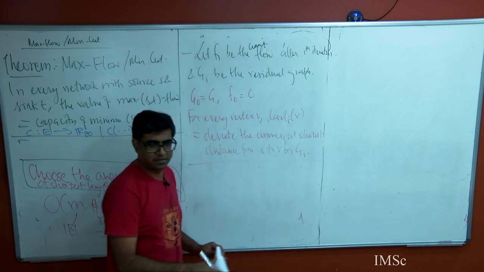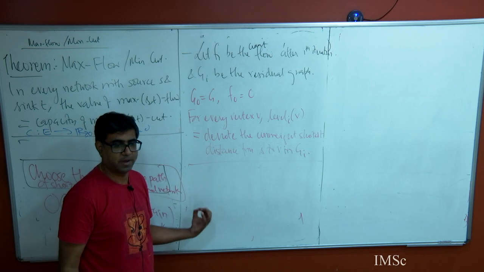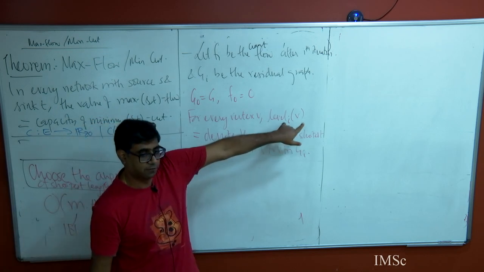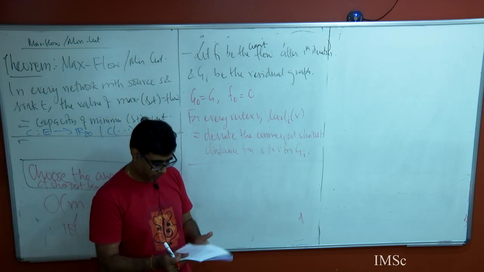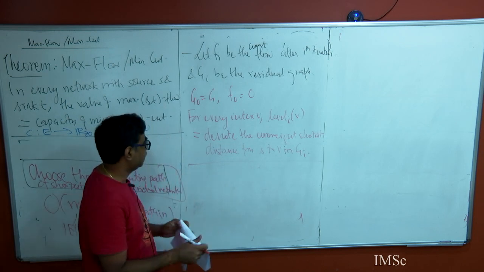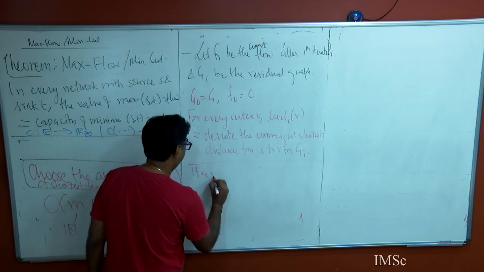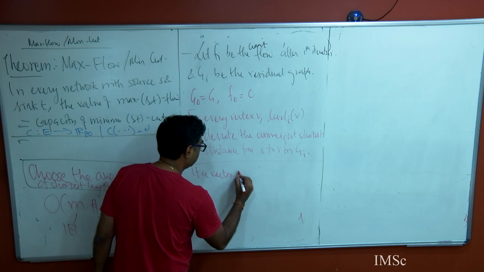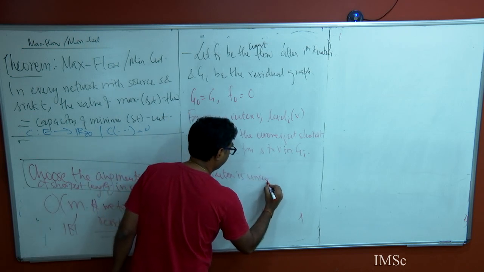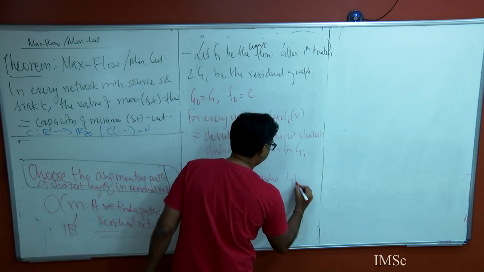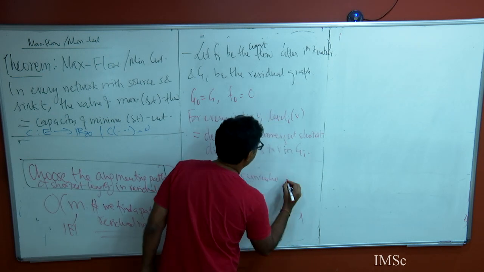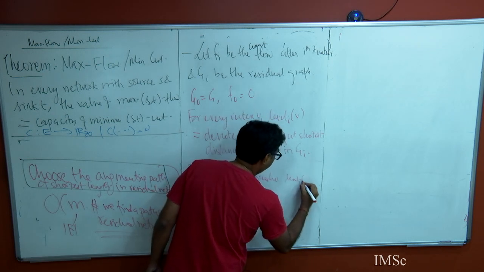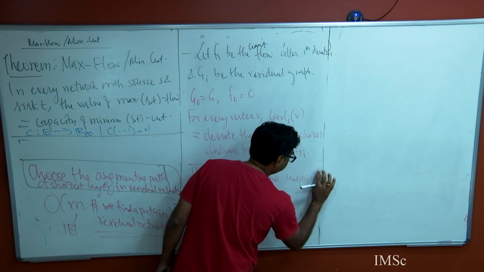So forget weights. What is the shortest distance from S to V? This is the level of V. And if a vertex is unreachable, then I put the level of V equal to infinity.